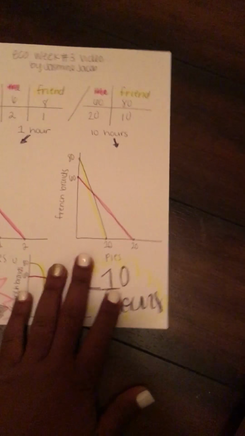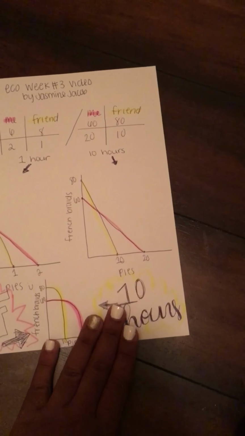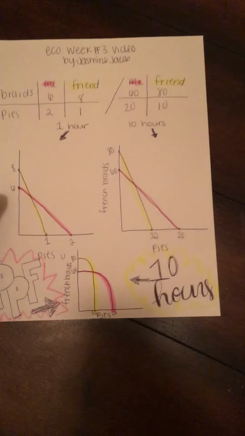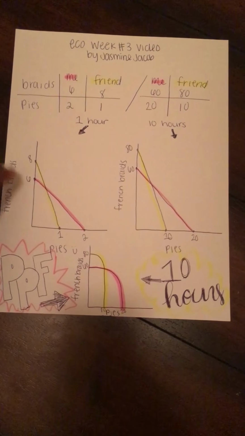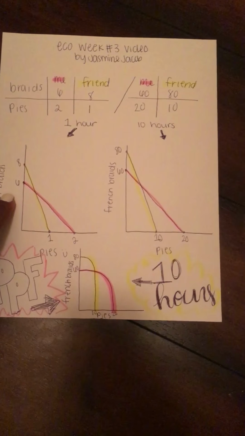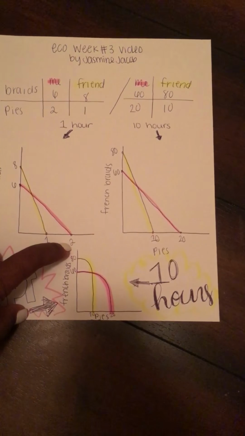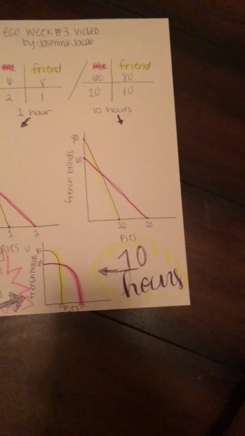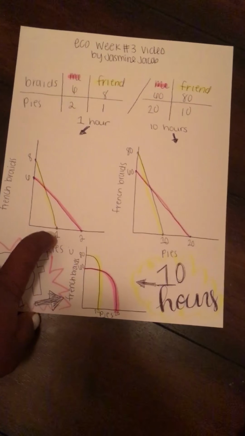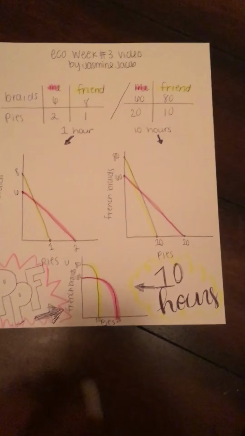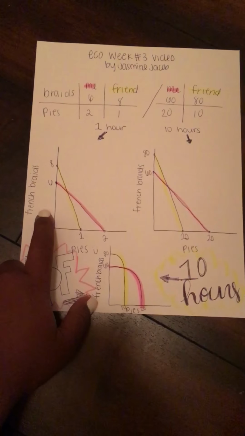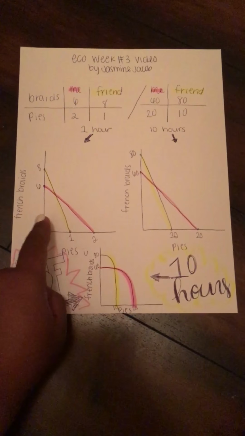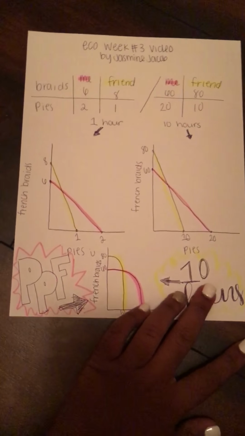And if we look back at our graph once more, we can see it's because, so for example, let's say that I decide to produce braids, then that means I will lose 2 pies. Whereas if she produces braids, she will only lose 1 pie. So she has comparative advantage over braids. But if I decide to produce 2 pies, then I would only lose 6 braids compared to her 8. So I would have comparative advantage over her with pies.